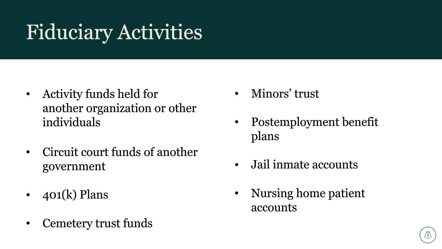Cemetery trust funds, minors trusts, post-employment benefits, and jail inmate accounts or nursing home patient accounts. And this list is not necessarily meant to be all-inclusive of all potential fiduciary activities. We just wanted to provide some examples of activities that we frequently see and that should be evaluated.